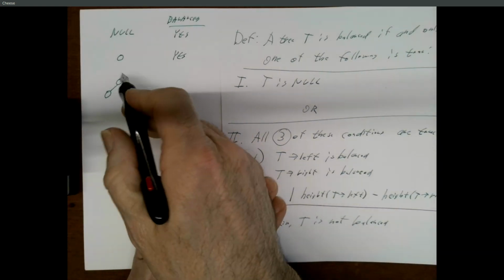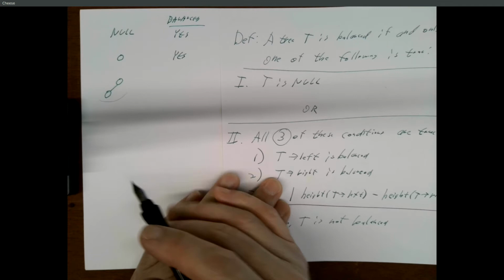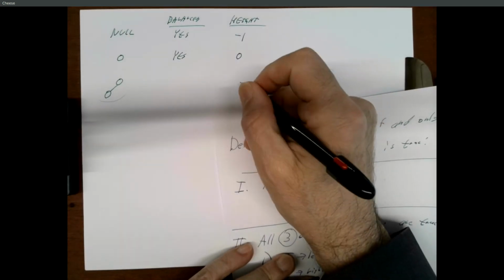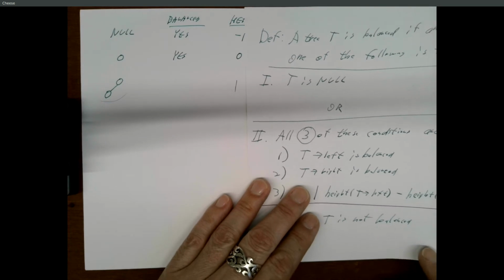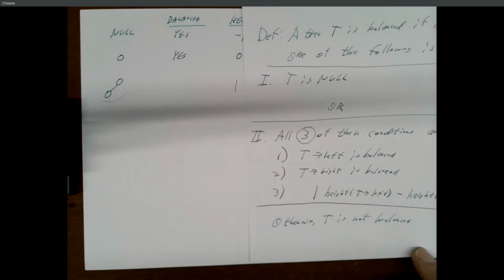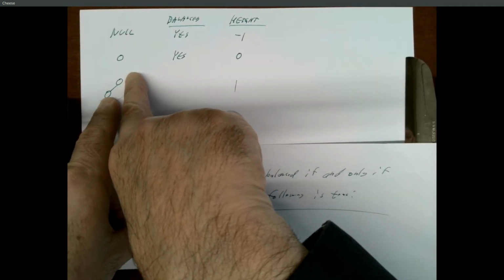So what's the left subtree of this? It has a height of 1. So this tree has a height of 1, right? The right side has a height of 0. So let's be careful. This whole tree has a height of 1 because the deepest node is this one and has a depth of 1.